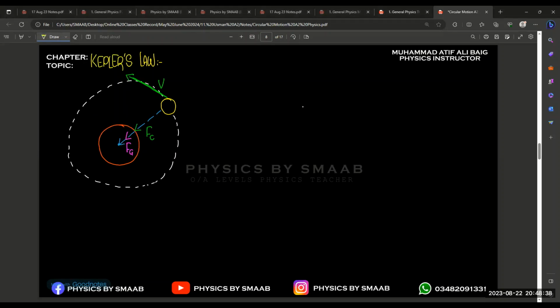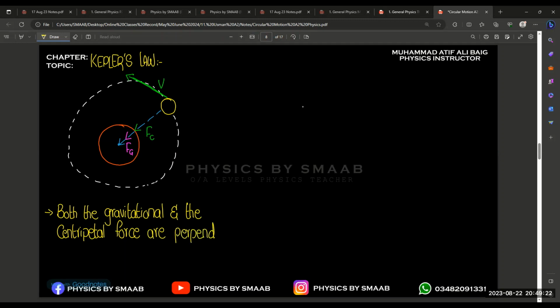So one thing that we observe from the diagram is that both the gravitational and the centripetal force are perpendicular to the direction of travel.